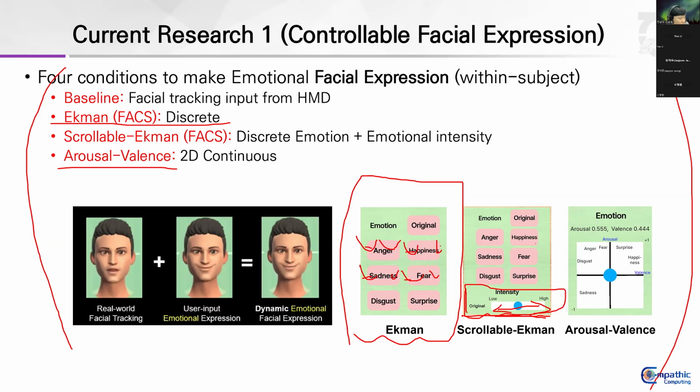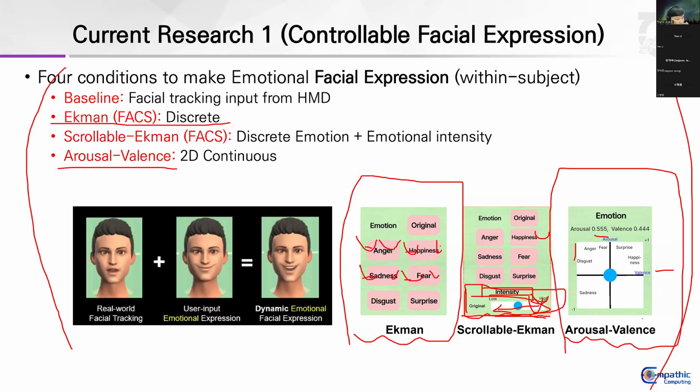For example, if you press happiness and enhance the intensity to high intensity, then the facial expression changes to show a high happiness facial expression. And another interface is based on arousal valence. Arousal valence is also one of the ways we distinguish emotion.